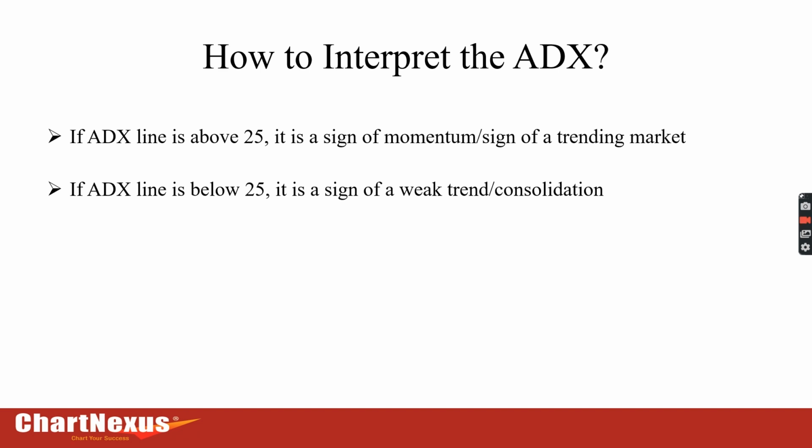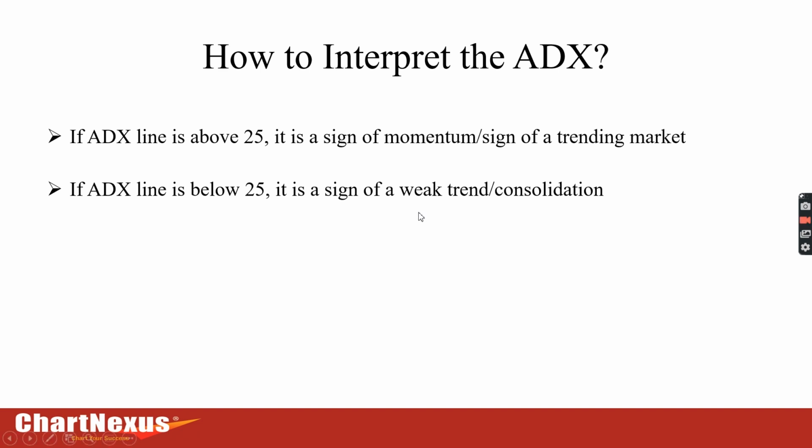Usually if the ADX line is above 25, we can interpret it as signs of momentum or strength that a market is trending or is starting to trend. If the ADX line is below 25, it is telling you that the market is either in a very weak trend or it is consolidating.